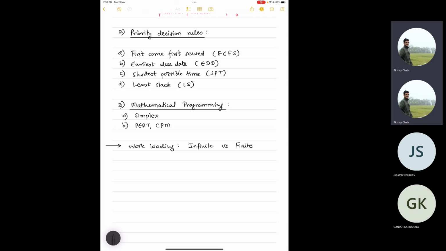Anyway, then there are types of scheduling: forward, backward. These keywords you should know, but they are not very important. Actually, I missed one important thing in the priority decision rules. This is called critical ratio. We will talk about this.